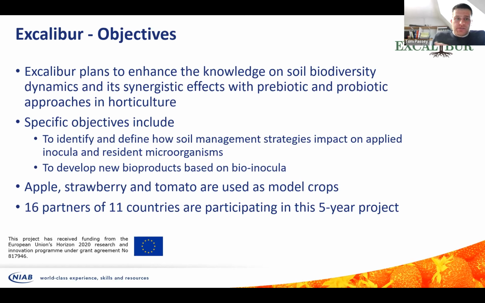The specific objectives are to identify and define how soil management strategies impact on the inoculum and what's already in the soil, but also to develop new byproducts that will hopefully aid the trees in various aspects around horticulture. The model organisms being used in the project are apple, strawberry and tomato. There are 16 partners across 11 countries in the project.